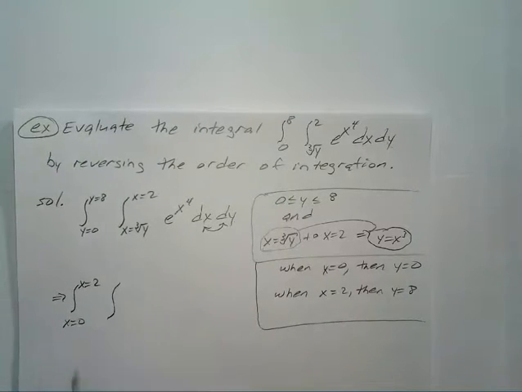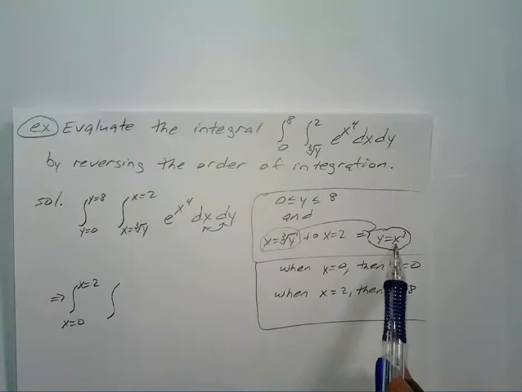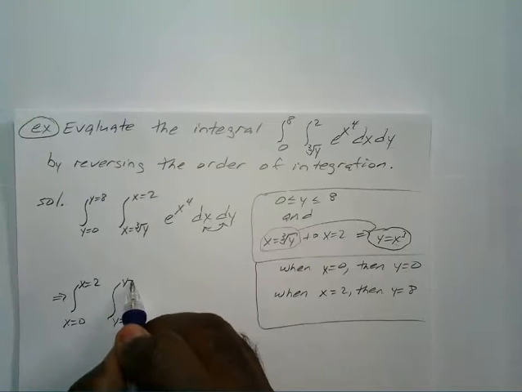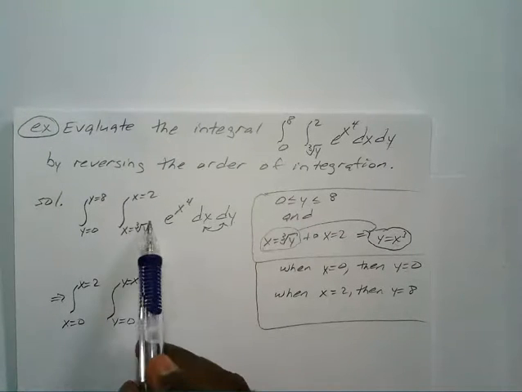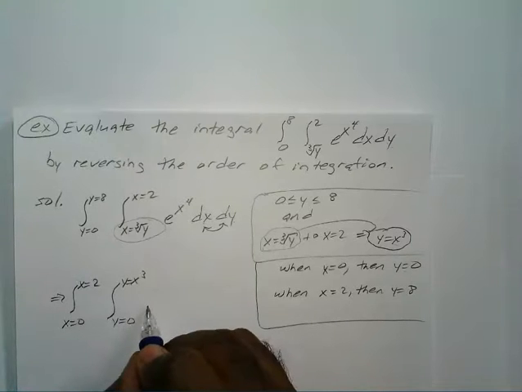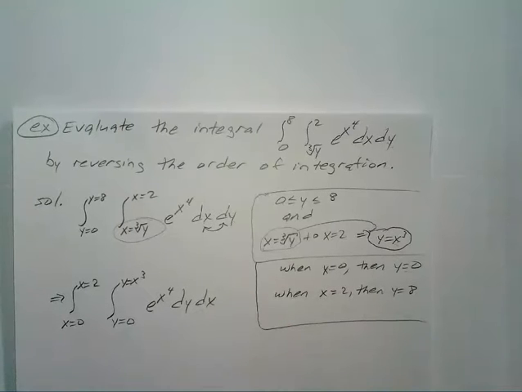And we're going from y equals 0, but we're not going to y equals 8. We're going to y equals x cubed. Okay, so whenever you have a variable function, you can't just switch that to a numerical value. That variable function follows right along. All right, and that is e to the x to the fourth dy dx.